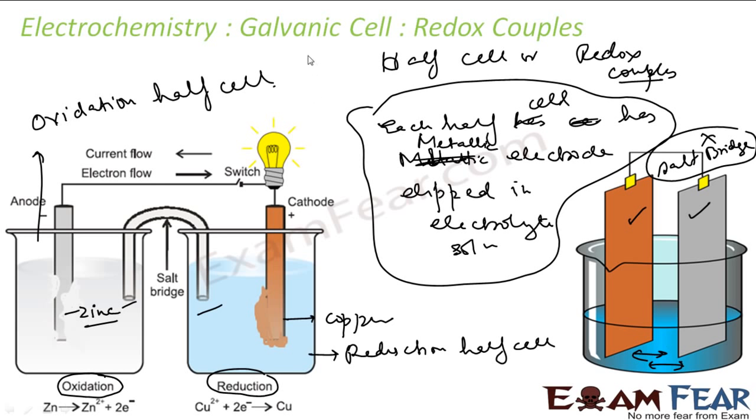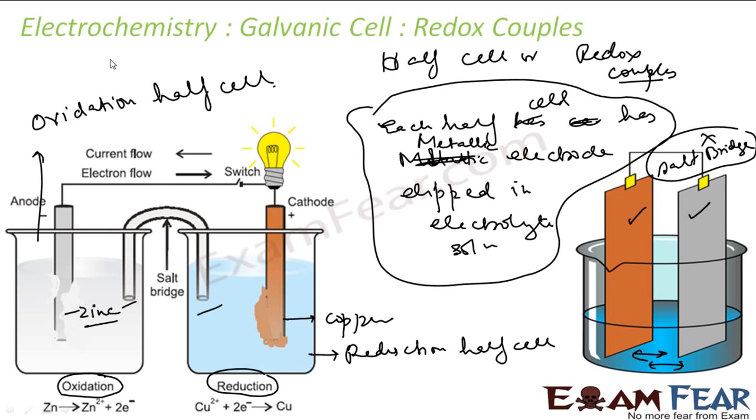Right? And actually using these combinations of oxidation and reduction half cells, you can create n number of galvanic cells, because galvanic cell is a general term, right? The galvanic, voltaic or electrochemical cell, they are the same thing, correct? Daniell cell is one type of galvanic cell.